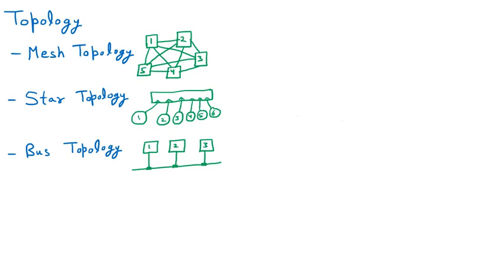It is very advantageous in terms of extending the network only by increasing the length. But there is one more problem: a repeater is required while extending the length of the cable. So now we are discussing the next topology, that is the ring topology.